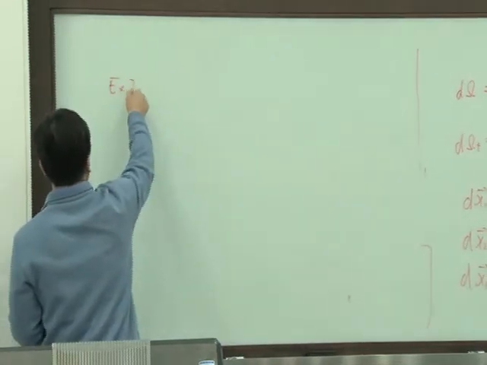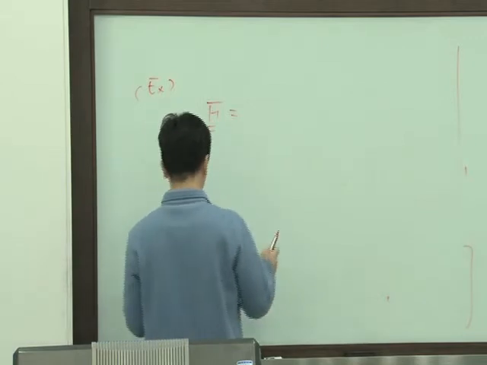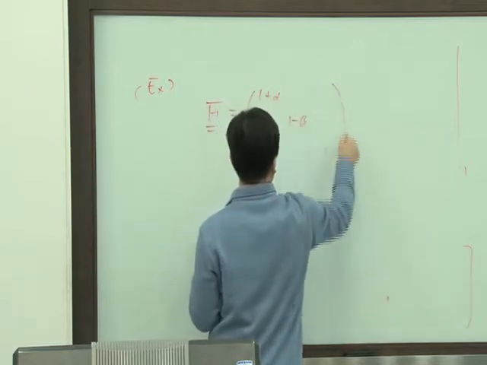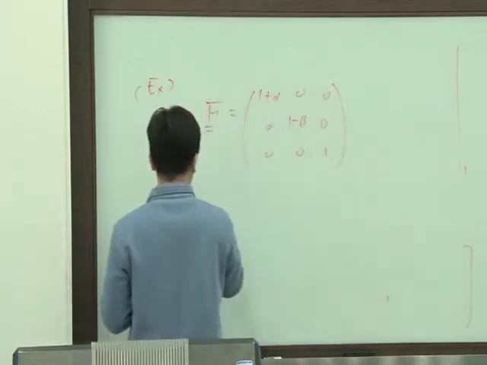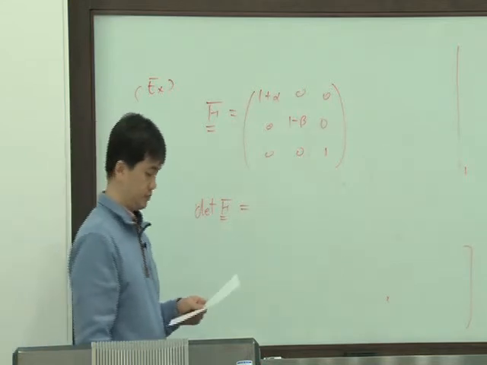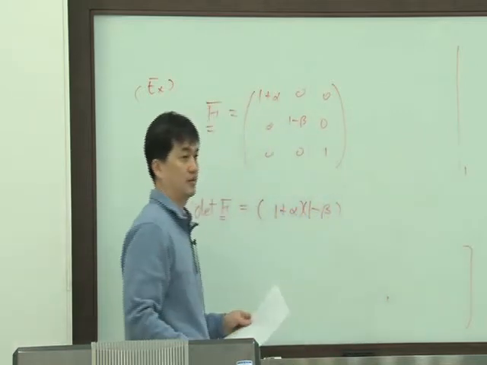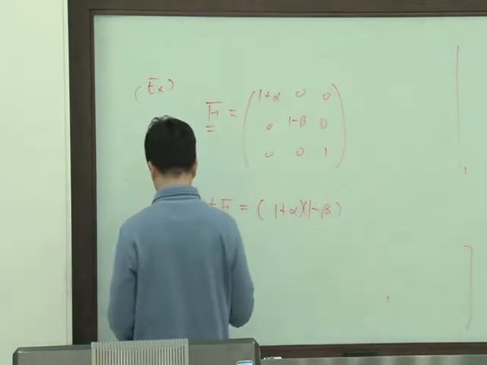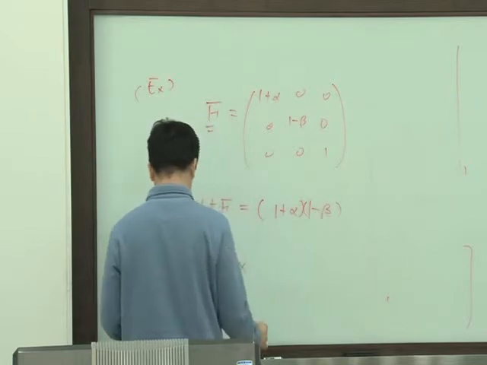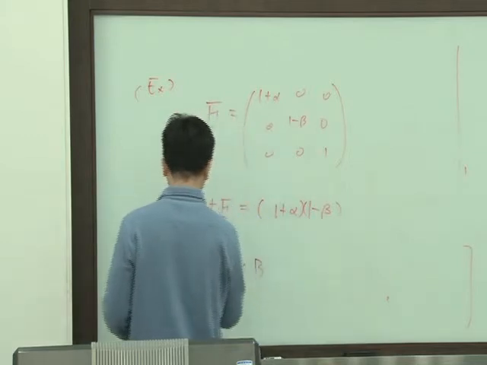Example. Do you remember the deformation tensor F? For the example we studied before: 1 plus alpha, 1 minus beta, 1, and others 0. What's the determinant F? One plus alpha times 1 minus beta. Okay, so initially our cube has a dimension L multiplied by H multiplied by B. This was initial.